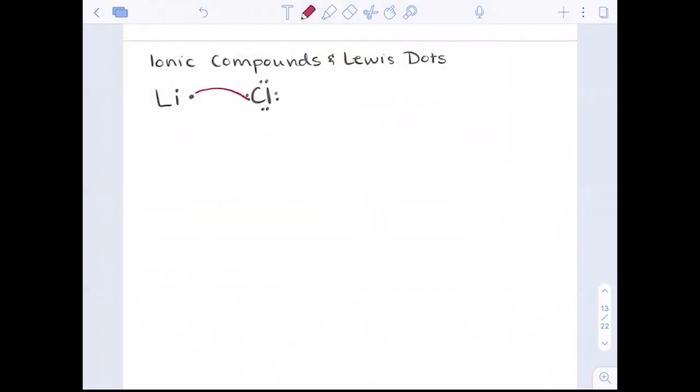Now I'm just going to pop that electron over, 1 electron being transferred. That makes lithium +1 and chlorine with 8 electrons around it and a -1. Lithium chloride, there's the formula unit.